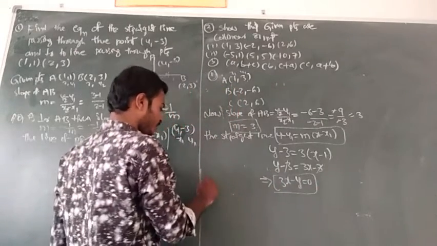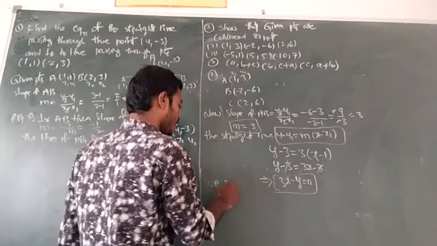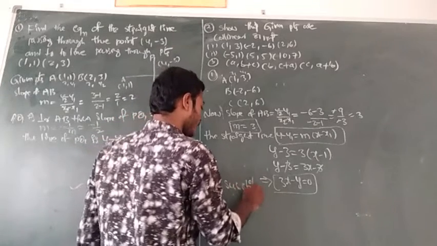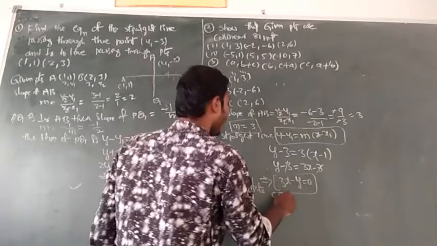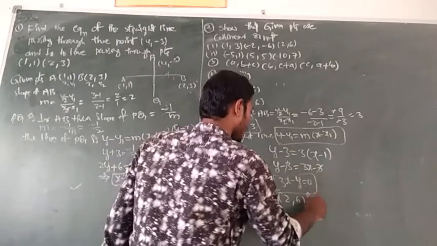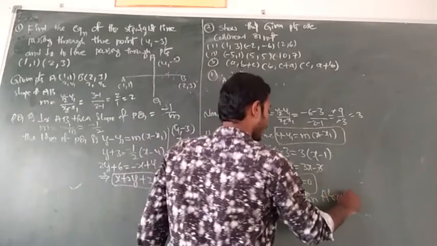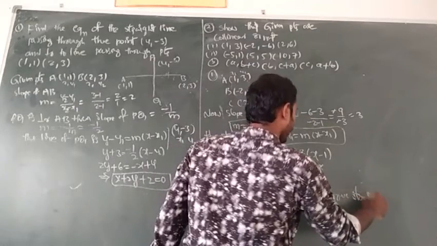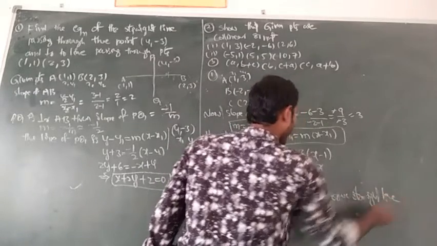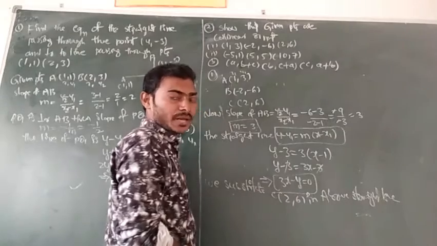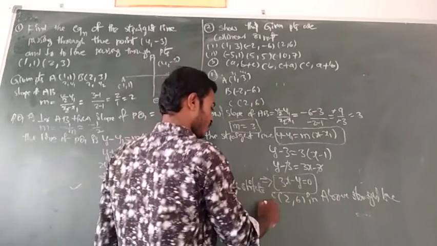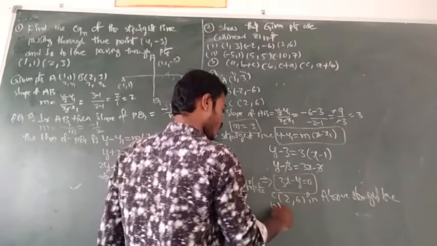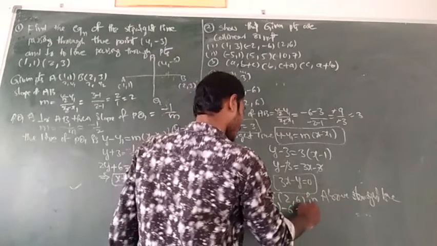Now we substitute C (2, 6) in the above straight line. Here x is 2 and y is 6, so 3 into 2 minus 6 is 0.